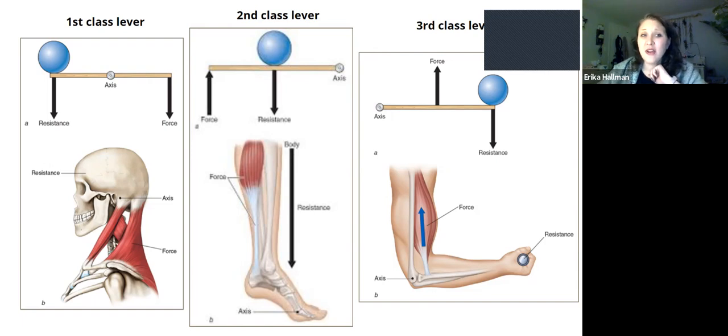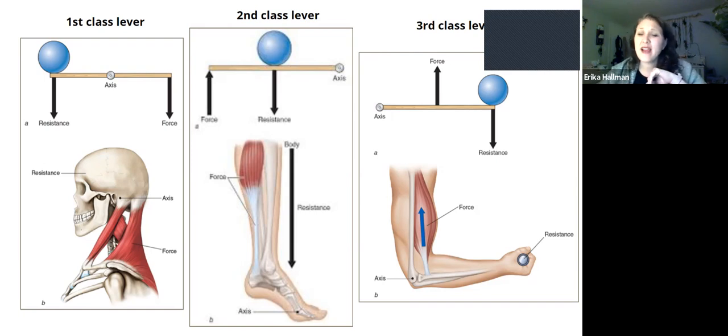So a first class lever is not the best when you want to move things quickly or to move a great distance, but it's really good when you need to make small, fine adjustments because it's a very balanced lever. Whereas a third class lever is not the most mechanical advantage that you can have from that lever, meaning it's not that effective of a lever.